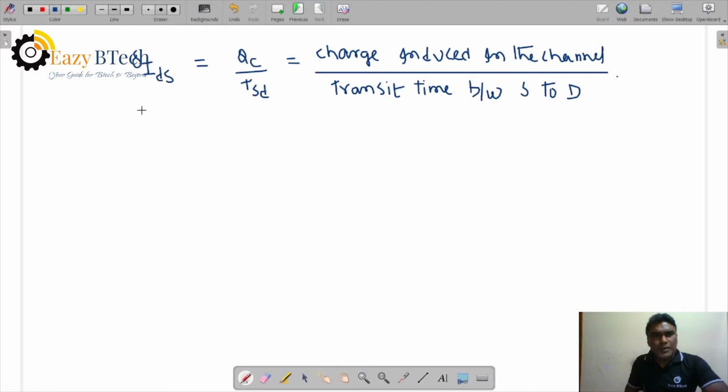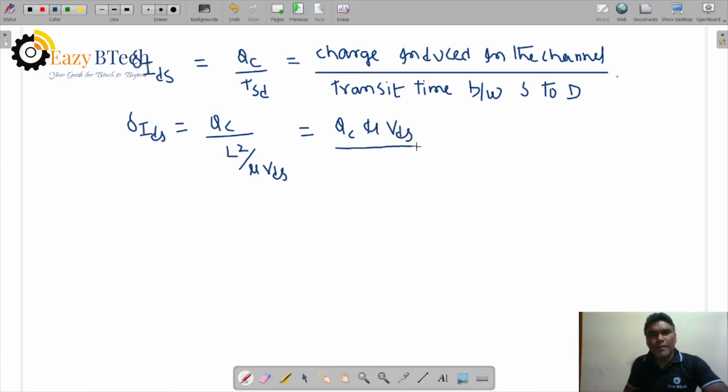So change in IDS is equal to QC divided by the transit time, which is L square by mu VDS. This we derived in the NMOS transistor current equation for IDS and VDS relation. Simplifying this, IDS equals QC into mu VDS by L square.